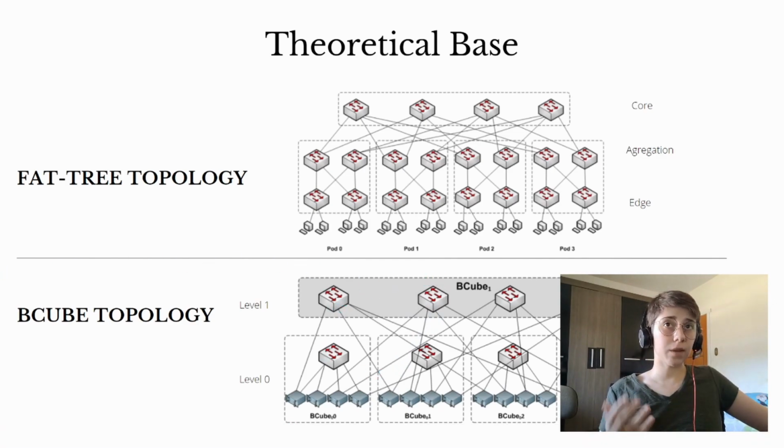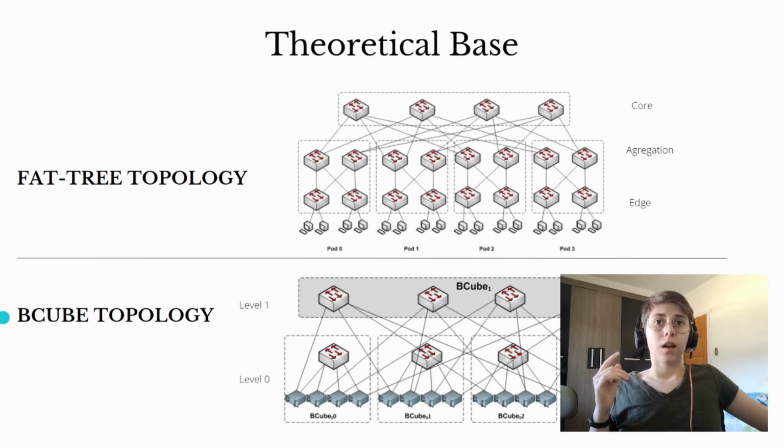And the main difference between these two topologies is that in the fat-tree the speed of the links is faster than B-cube because it uses more than one type of link, while in B-cube the links are the same and the energy cost of all switches is the same.